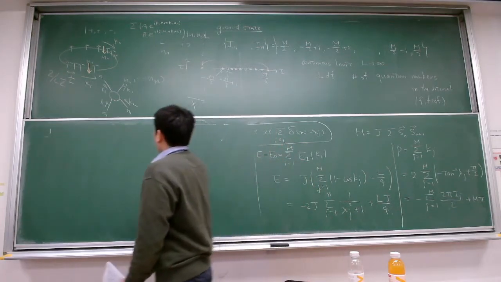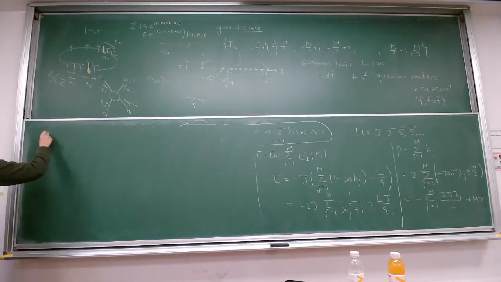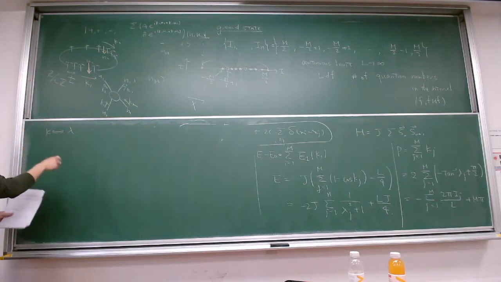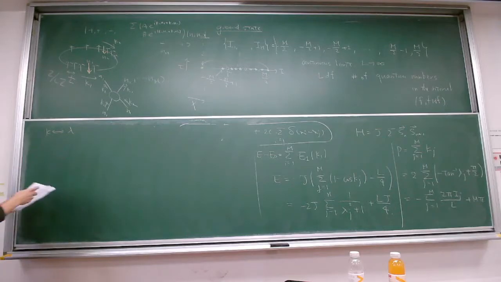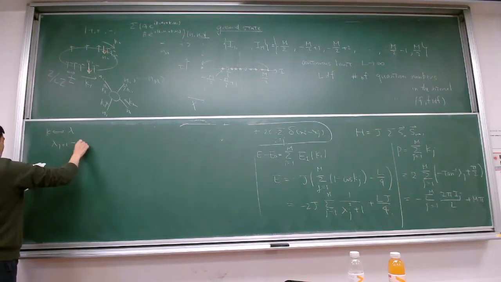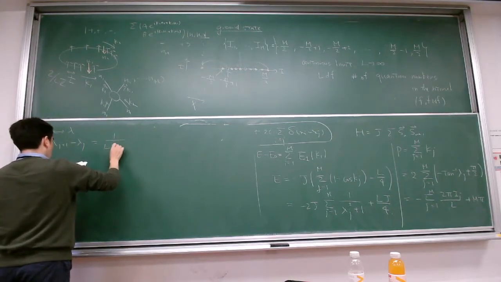And K and lambda are essentially the same, interchangeable. I have already written it many times: lambda is equal to 1 over tanh K over 2. And then lambda j plus 1 minus lambda j has to be 1 over L rho.